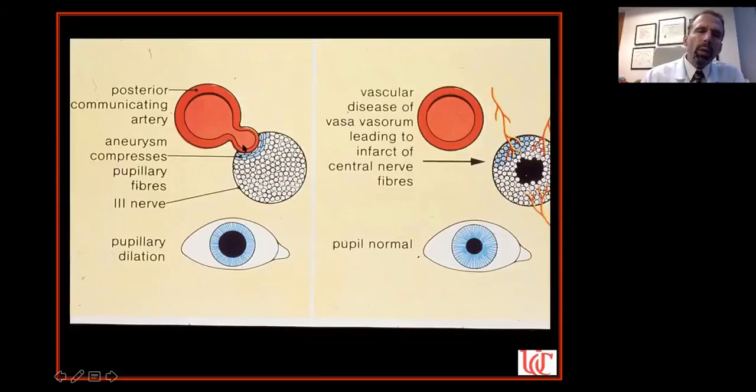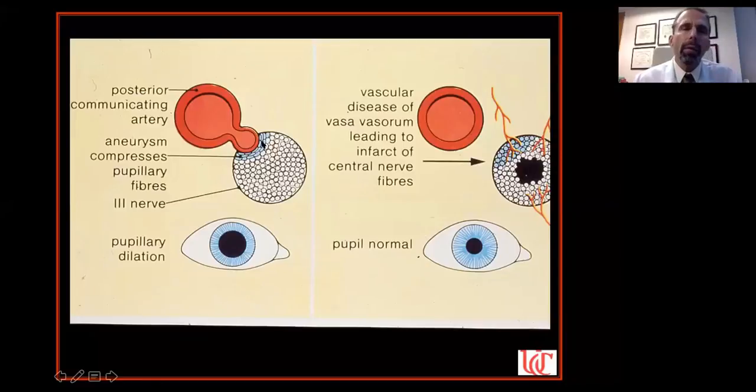So in an aneurysmal third or a compressive third for other reasons, those fibers on the outside of the nerve are most likely to be compressed. On the other hand, if you have the more common microvascular, diabetic, hypertensive third nerve palsy, it tends to be more of a core infarction, which can spare these fibers on the outside of the nerve, which have other collateral blood supply. And so we talk about pupil sparing versus pupil involving thirds.